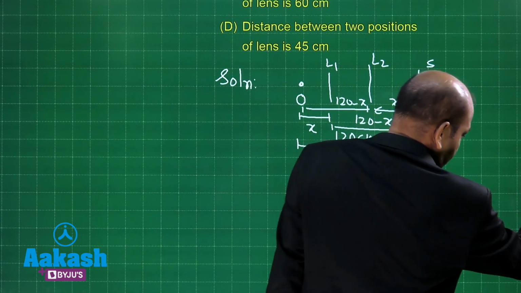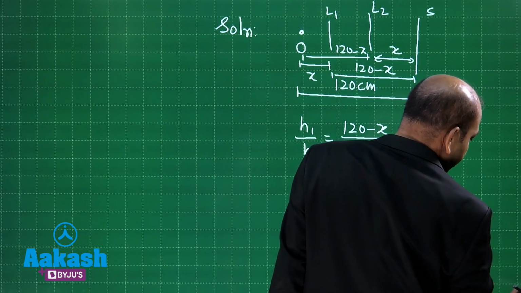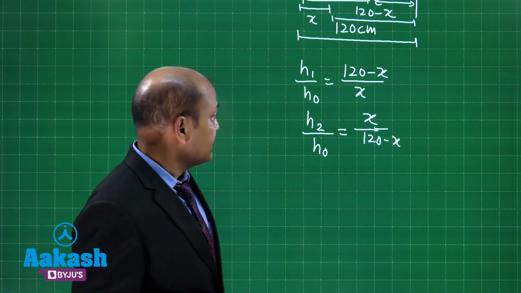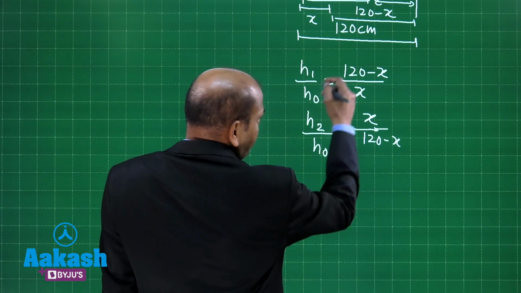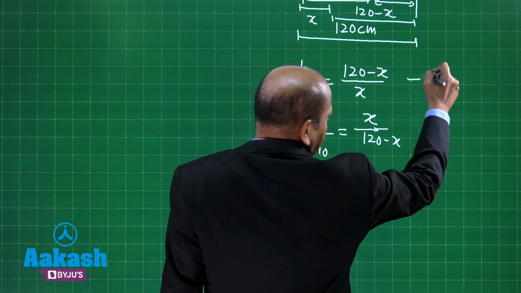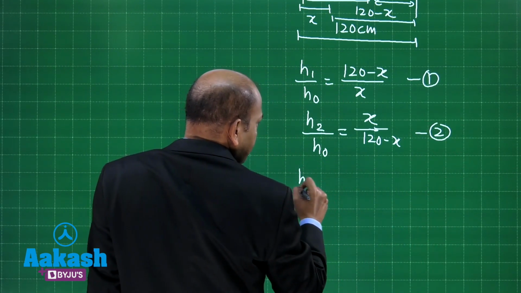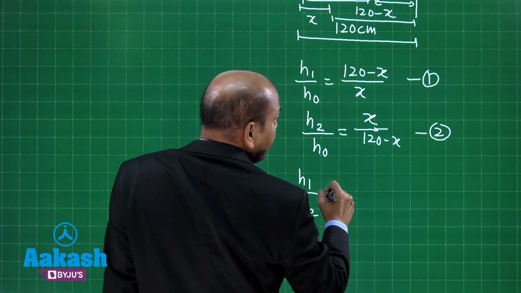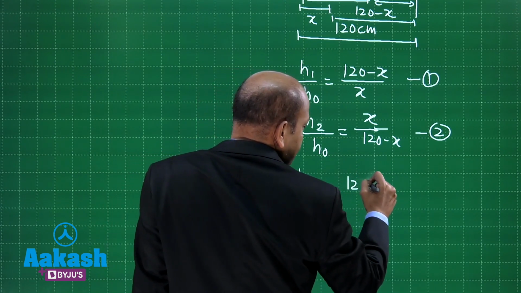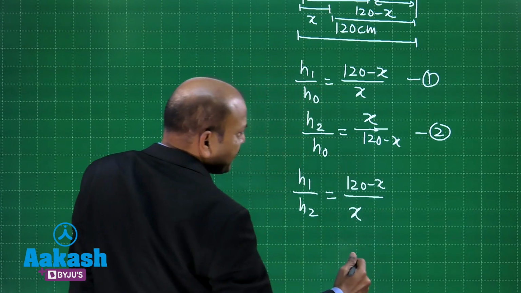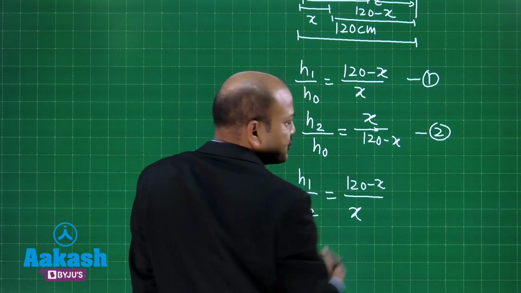Now, the ratio of the size of images in the two cases is 9:1. If we apply that, we divide equation 1 by equation 2, and that gives us h1 by h2 as 120 minus x divided by x, divided by x divided by 120 minus x.